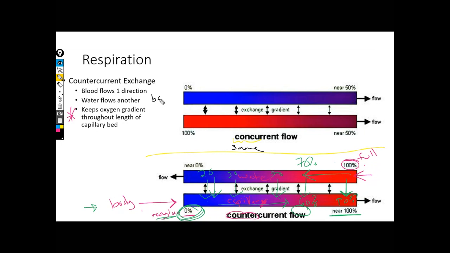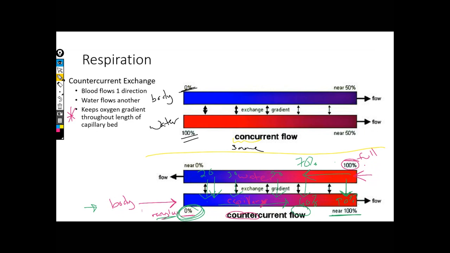So here's my body, starting out at pretty much nothing. And here's the water, starting out pretty much full.